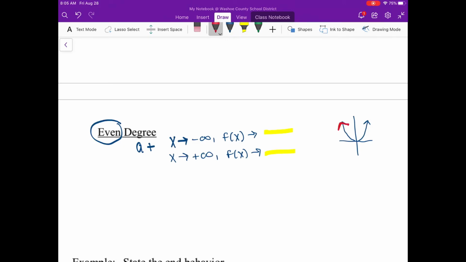So ask yourself again, as you go to the left side of these values, what is happening to your y values? They are going up. They are approaching positive infinity. And as you go to the right side of your graph, your y values are also going up. Okay, so this one has positive infinity for both.